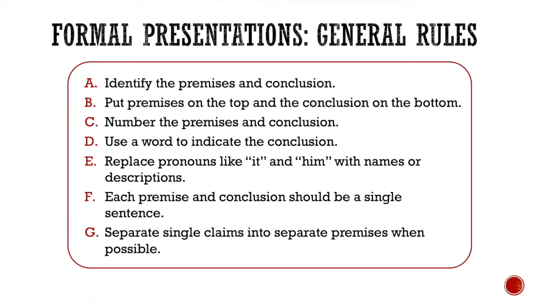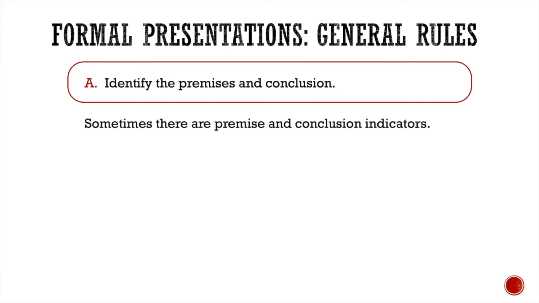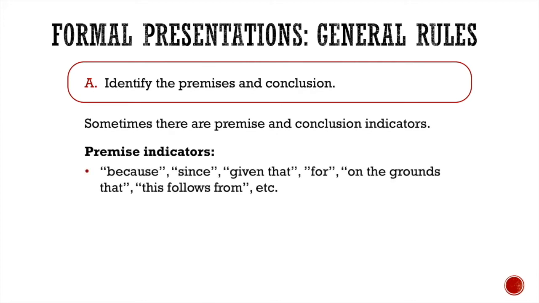So let's look at each of these with respect to the example that we just saw. Starting with A, identify the premises and conclusion. Sometimes there are premise and conclusion indicators. These are indicators that are present within the informal presentation. For example, some premise indicators would be the words because, since, given that, for, on the grounds that, this follows from, and so on.